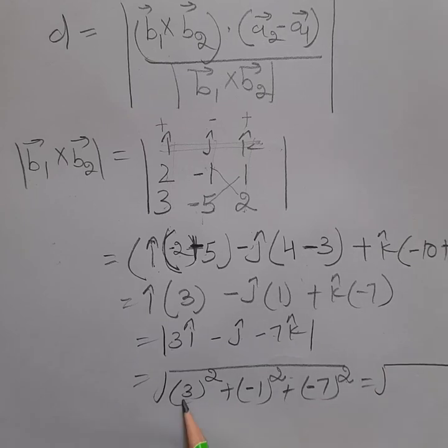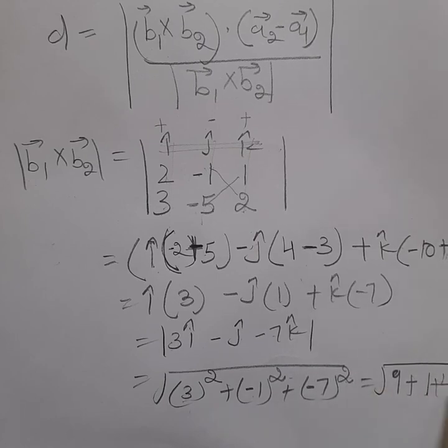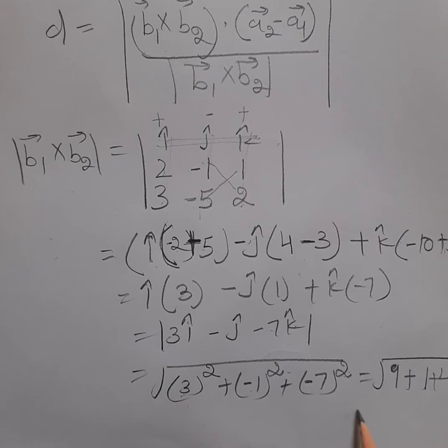Now 3 to the square is 9, the square of minus 1 is 1, and 7 to the square is 49. Then you get 59 as your answer.